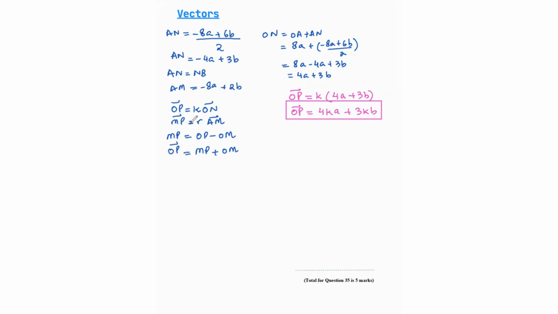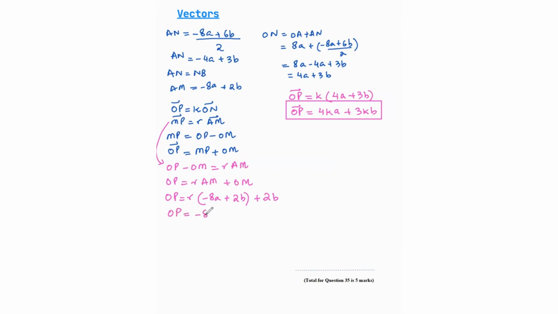Now over here, MP equals r times AM, and MP is OP minus OM. So if we rewrite this as OP minus OM equals r times AM, so OP equals r times AM plus OM. So r times AM is negative 8a plus 2b, and OM is 2b.